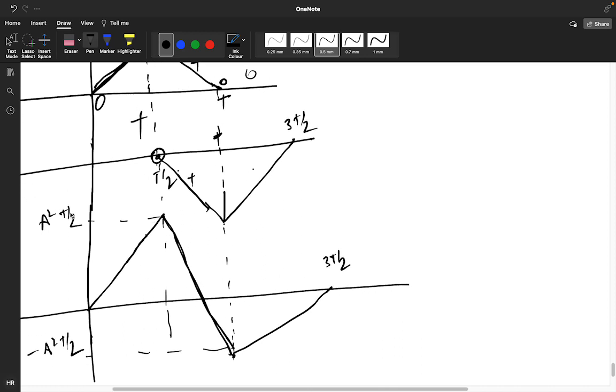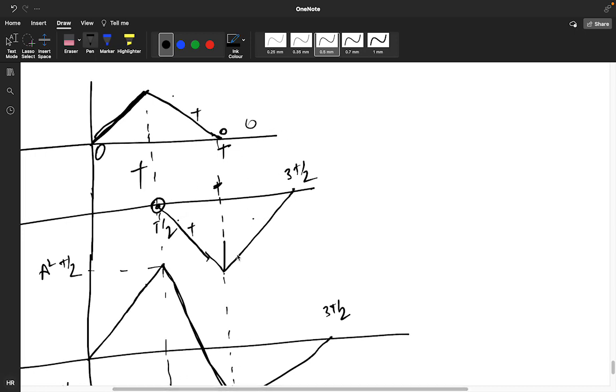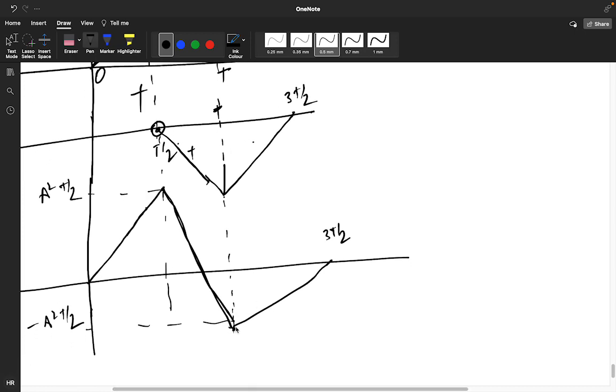So the line will be between a square t by 2 and minus a square t by 2. I simply join these, and there is nothing to add, so the representation will be directly the straight line. So this was the story of the convolutions.